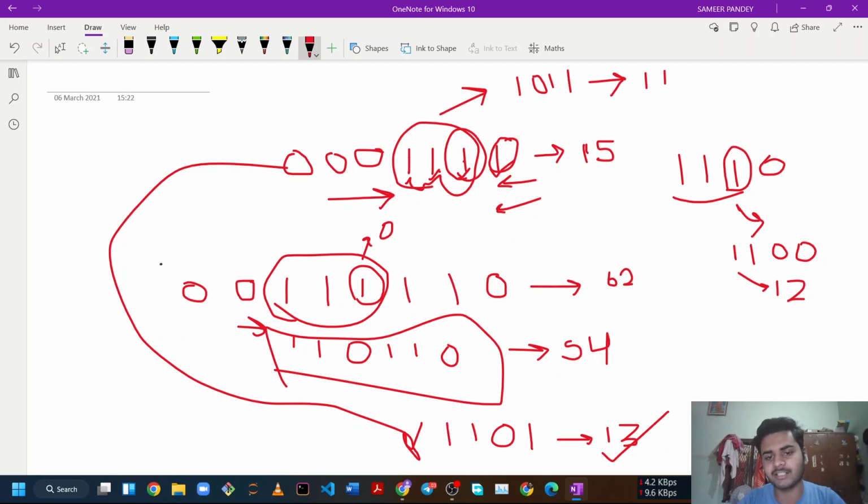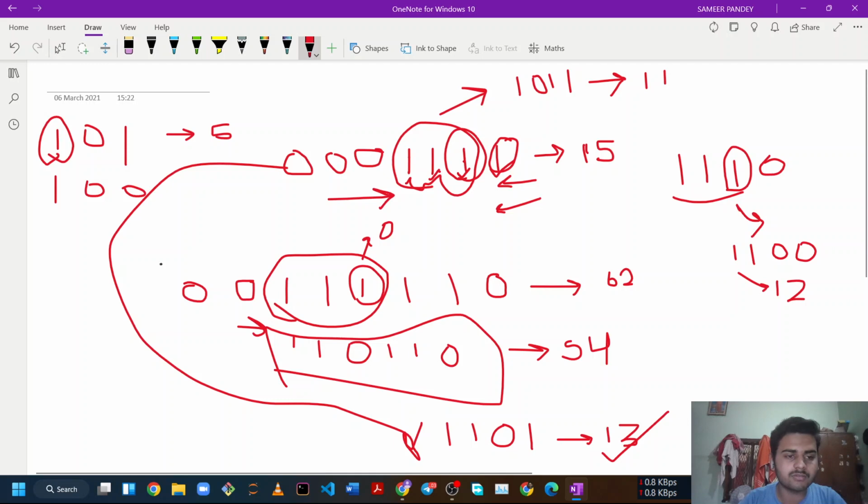So how am I going to check that? For example, there is a 1 0 1. It is 5. So we basically have to observe whether this bit is set or not. So what I'm going to do is take its AND with 1 0 0.